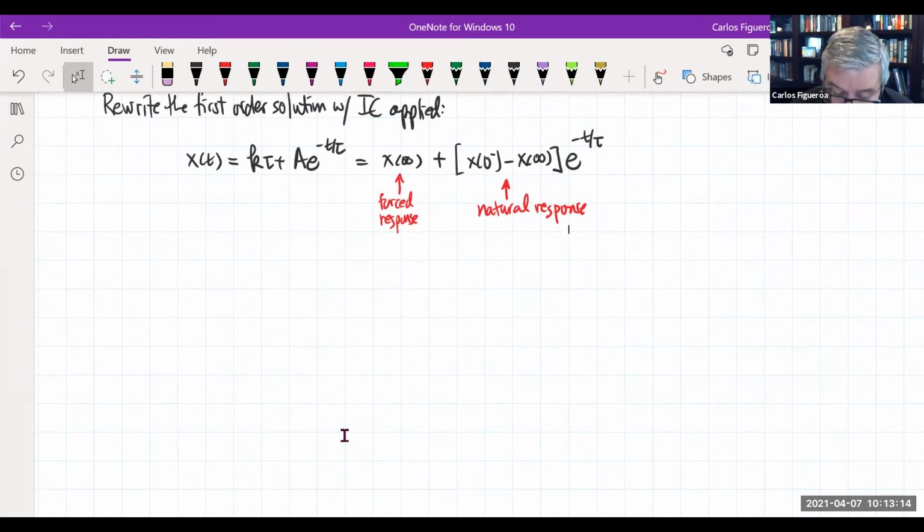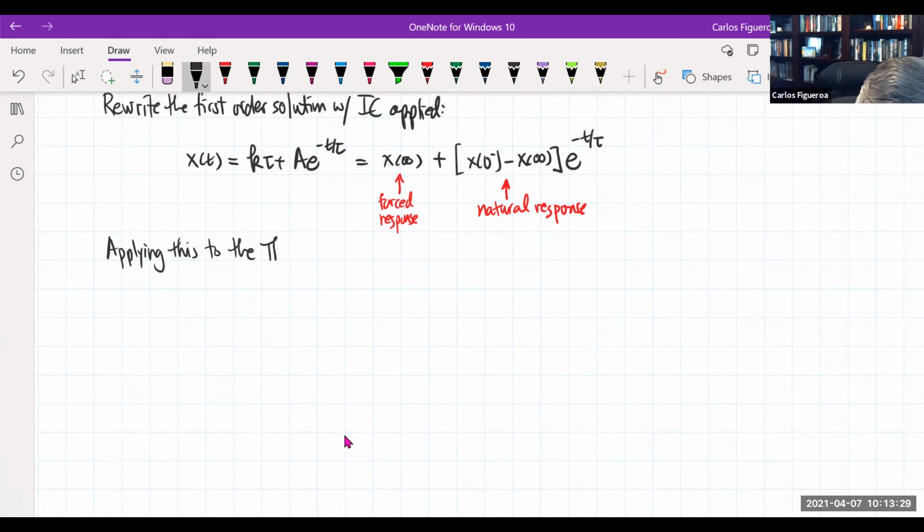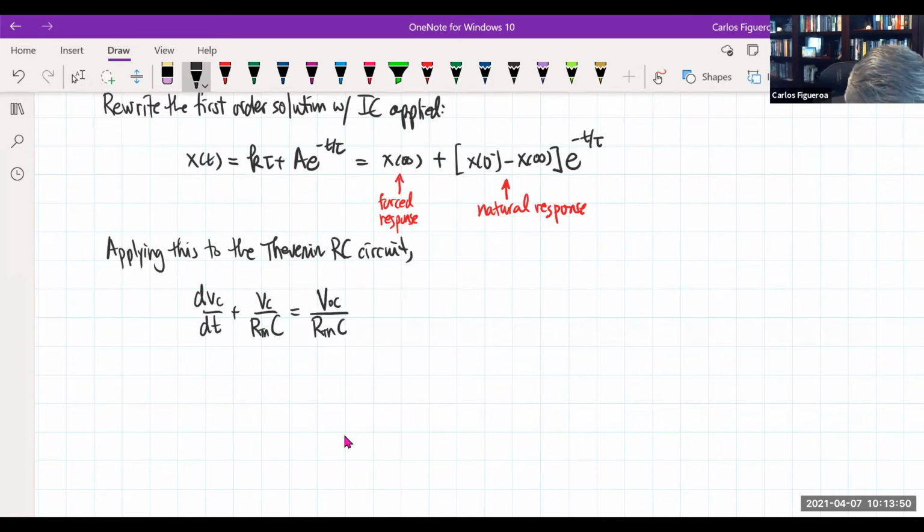So now, here we go. If I now translate this into the capacitor relationship, applying to the Thevenin RC circuit, we see that if I have an equation that looks like this, there's a solution.